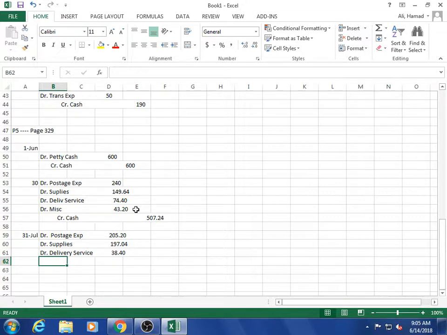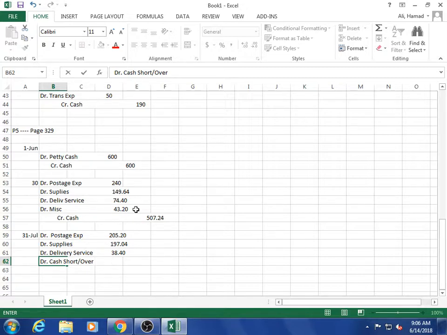Since it's a shortage, we have to debit it. It's called cash short or over, because it could be both. So we debit cash short and over.